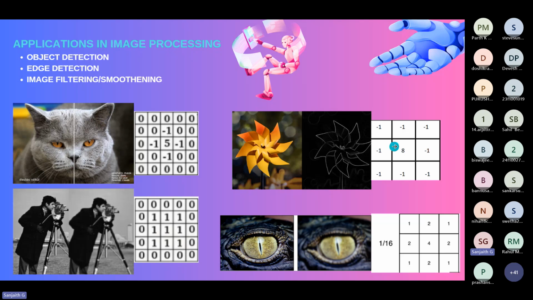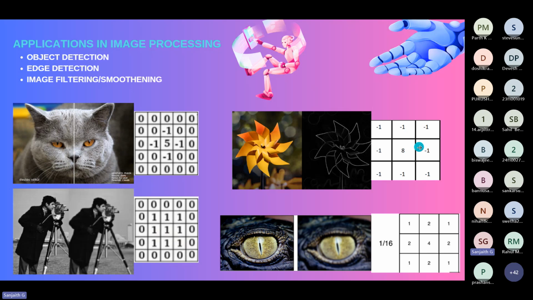If there is any difference, we'll get a positive value, and if it is the same, all the values cancel out and we get 0. With 0, this region becomes black. If we get any difference, we get some positive intensity, so we get some white color. If the intensity is similar, things cancel out.